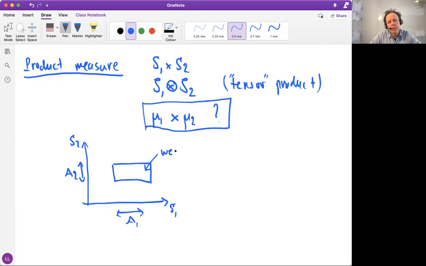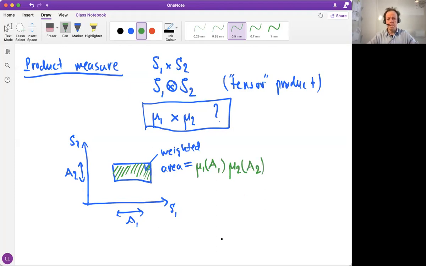The measure should somehow be a weighted area. The natural idea is that mu1 gives weight to these sets and mu2 gives weight to these sets, so the weighted area of this rectangle, the only natural way to define it, should be mu1 of A1 multiplied by mu2 of A2.